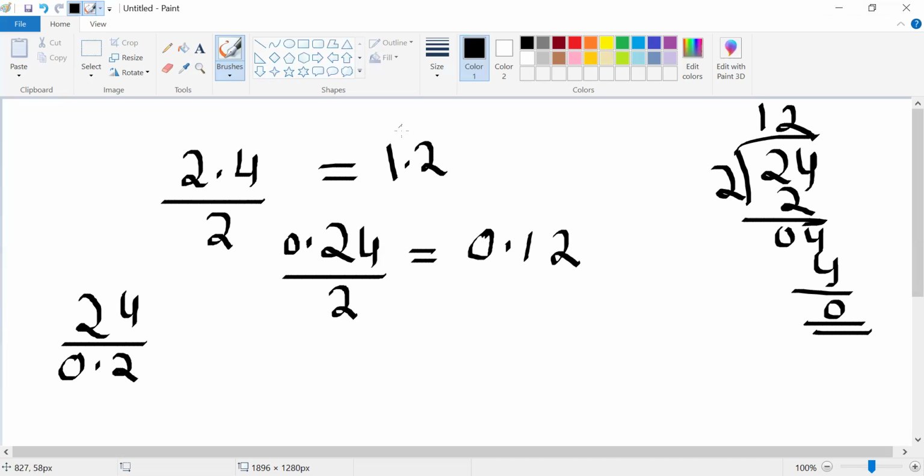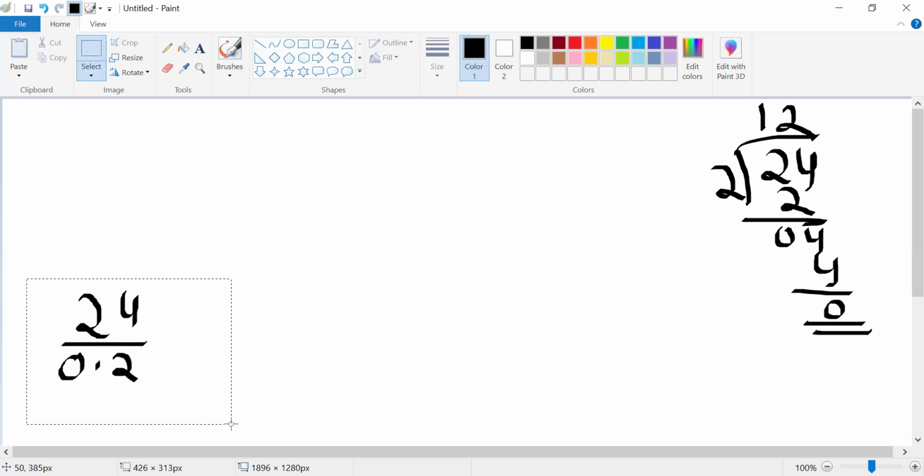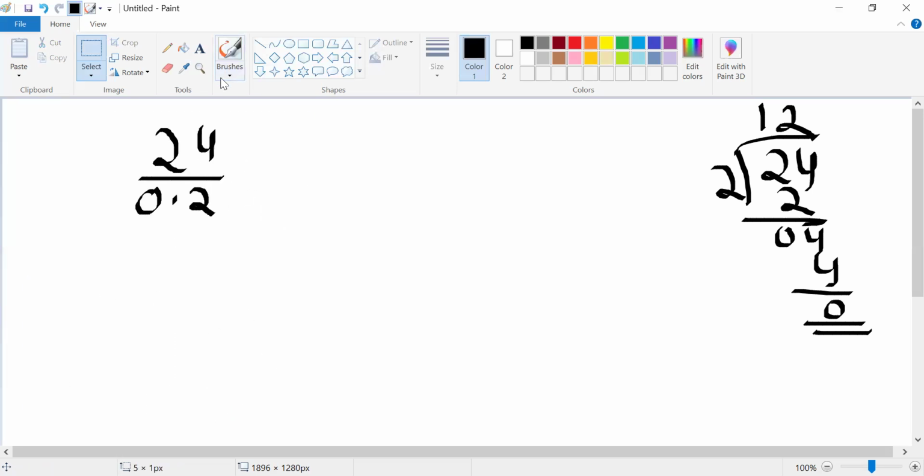Then it is not 1.2, because the denominator is 0.2. How will you divide a whole number by a decimal? Let us see. What we will do is, when we have to divide by a decimal, first let us make the numerator and denominator alike as decimals.